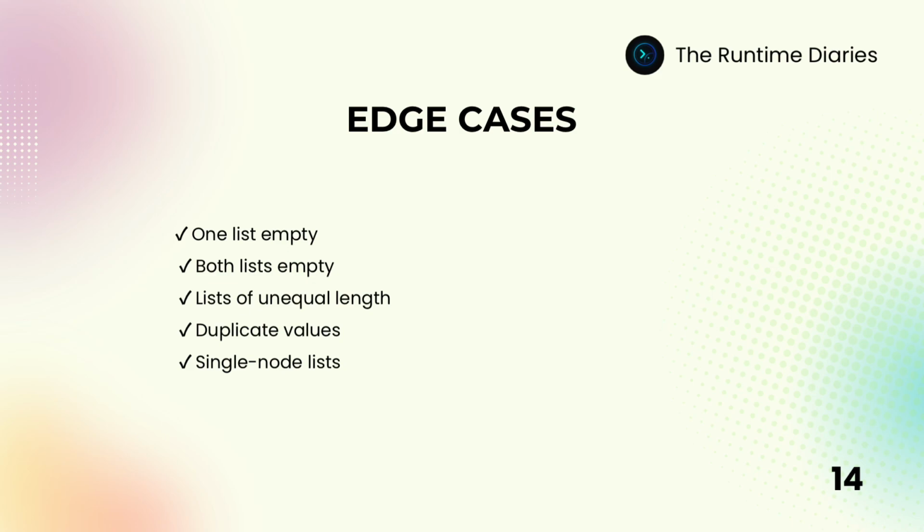The algorithm handles this by attaching one, then the other, in the correct sorted position. Fourth, single node lists. A list with just one node is still a valid list. The algorithm works the same way. The dummy node pattern is robust and handles all these cases without any additional conditional logic.